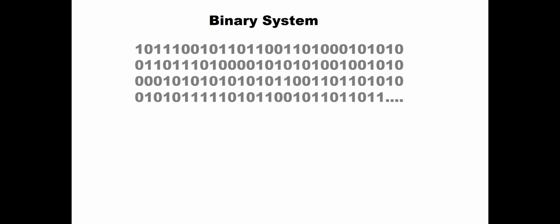But if it's a binary system, let's just say this looks like the whole mass like this, then how do you know which is the starting point and which is the ending point? It's difficult, right? If you just cut magnetic tape in the middle randomly, then it's difficult to see which is the starting point and ending point.